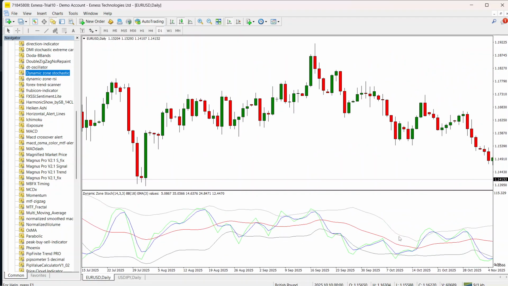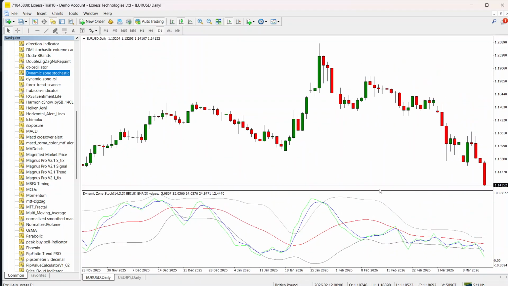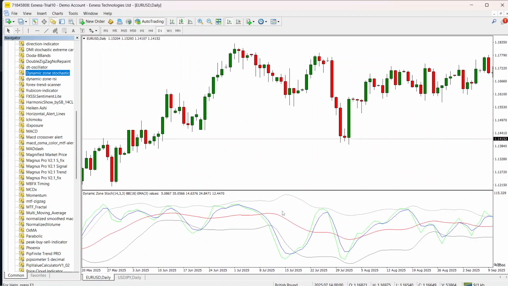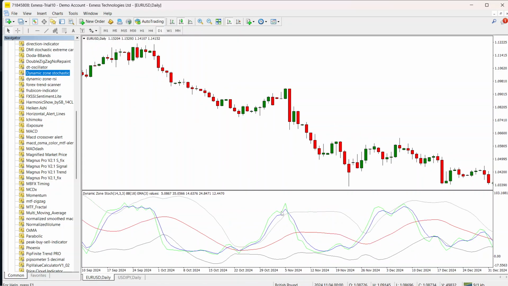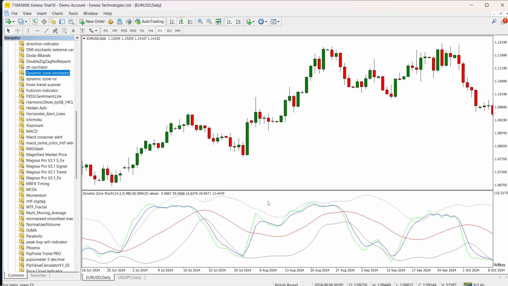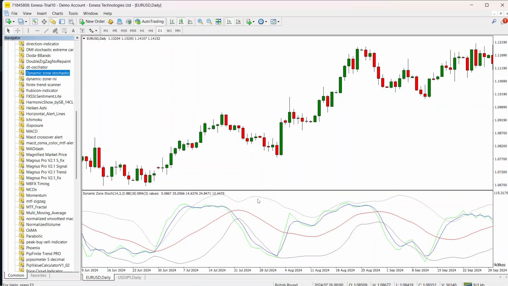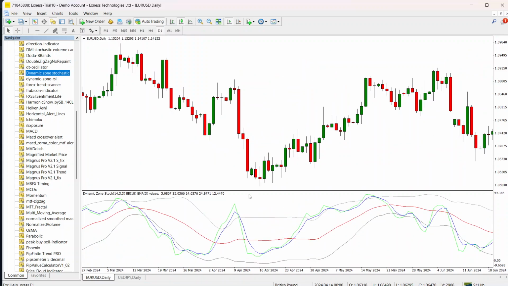And if you notice, the bands are adjusting to adapt to the current price movement, because these zones adapt to current market conditions. They are less susceptible to producing false signals compared to fixed 80 and 20 levels.